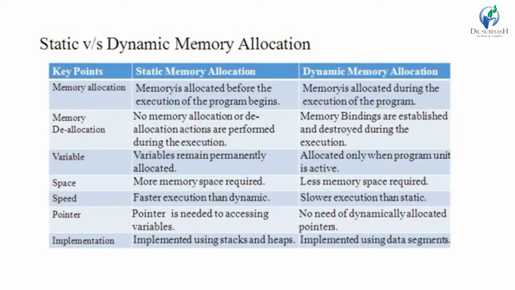According to space, dynamic memory allocation is better. For speed, static memory allocation is faster than dynamic memory allocation. So this is static versus dynamic memory allocation.